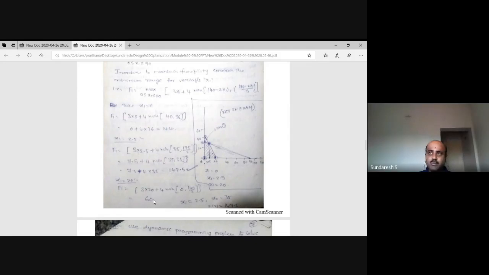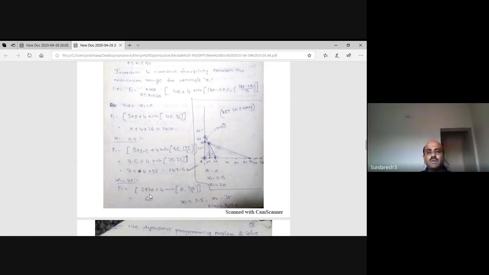First do the minimum and maximum values, then you can tell whether the trend is increasing or decreasing. When x1 is 0, the f1 value was 144, and when x1 is 20, f1 is 60. So as you keep increasing x1, f1 is decreasing. That is a decreasing trend.